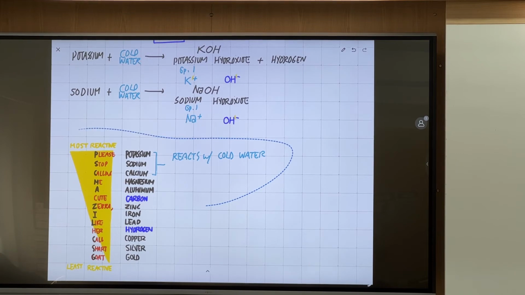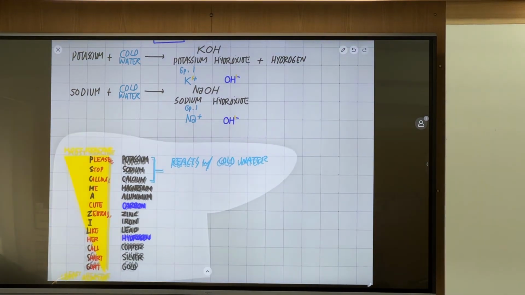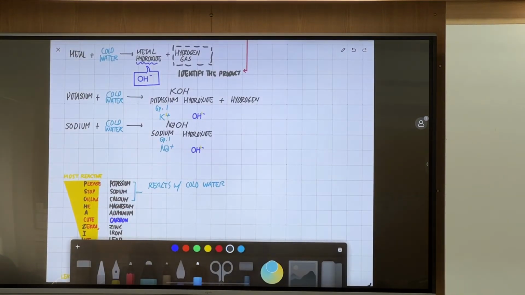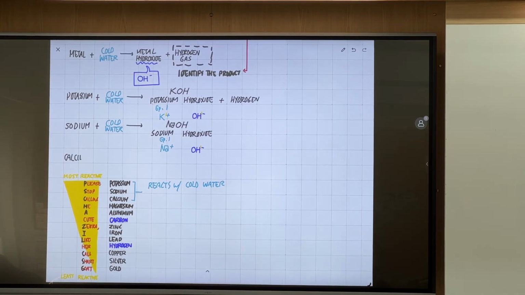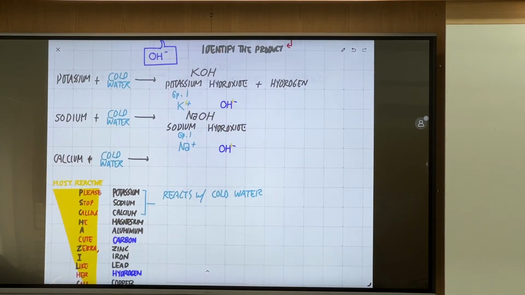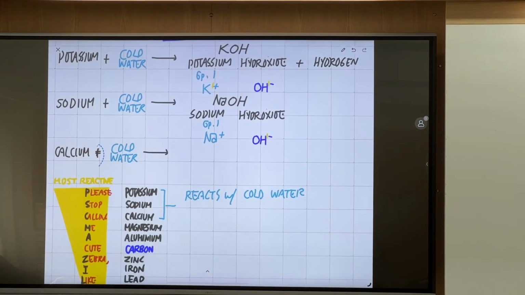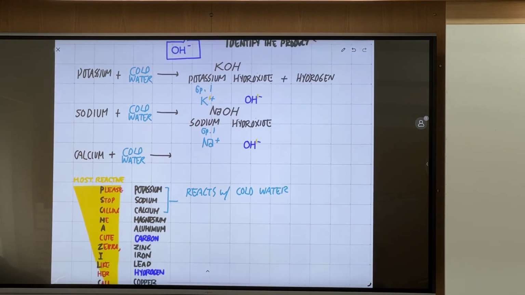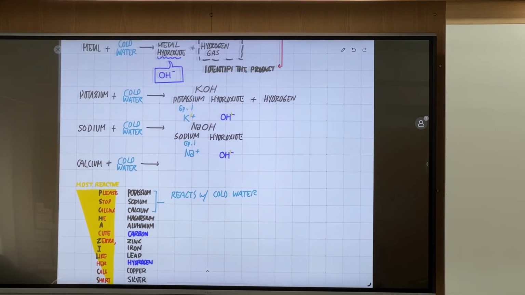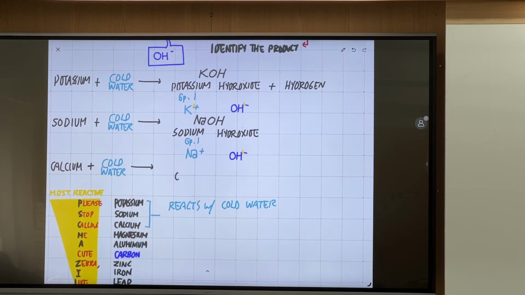So calcium. Can you help me complete this equation here? Calcium plus cold water. What will be formed this time? Calcium hydroxide. But knowing that calcium is from group 2, the formula should be different from that of sodium hydroxide and potassium hydroxide. What do you think is the formula this time?